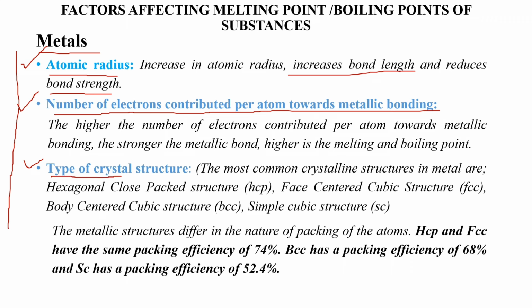Let's look at the third factor affecting melting points, called the type of crystal structure. All metals have what we call giant metallic structures, which are divided into these common groups, which we call the crystal structures. The first one is the hexagonal close-packed structure, then face-centered cubic structure, body-centered cubic structure, and simple cubic structure.